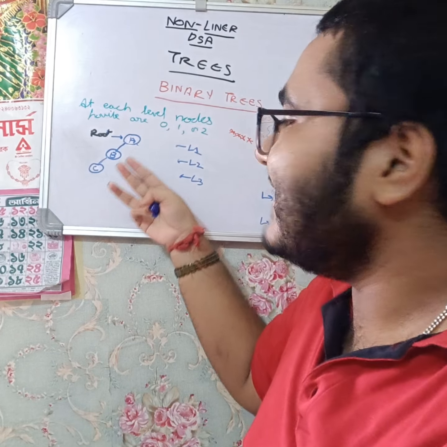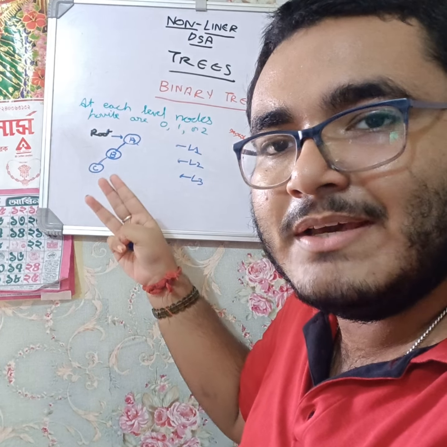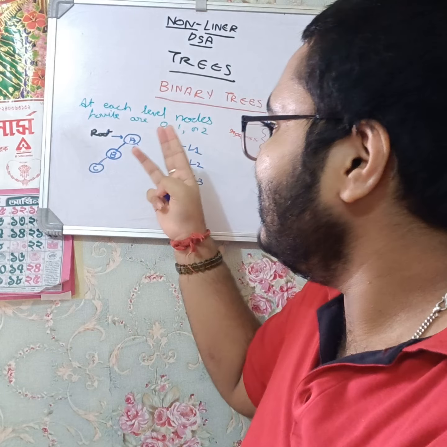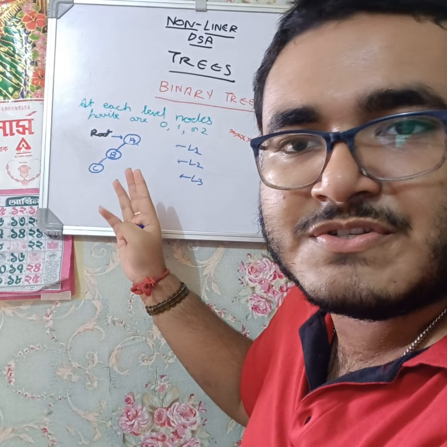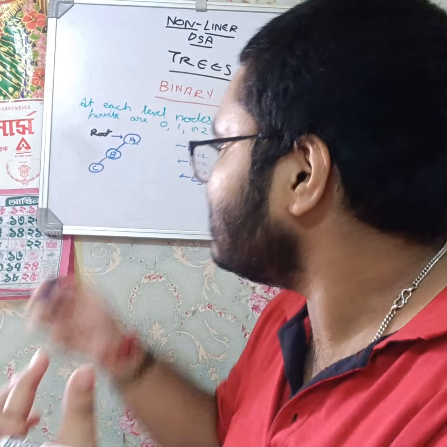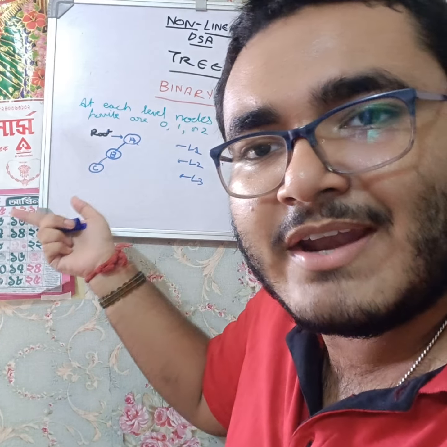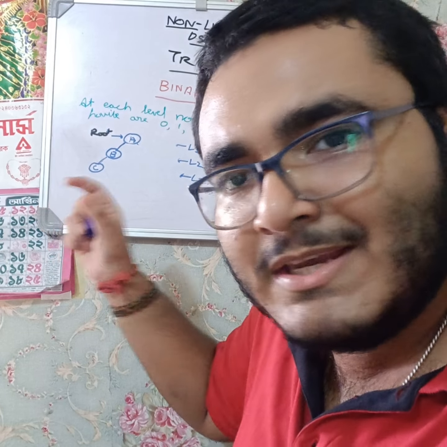So at height 2, the minimum there can be is 3 nodes, right? As per the concept of a binary tree, each node can have one child at minimum.